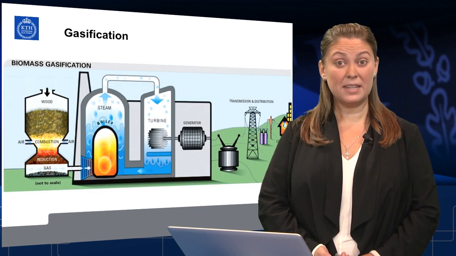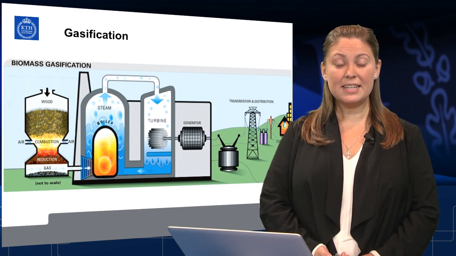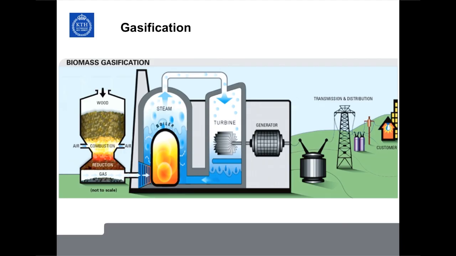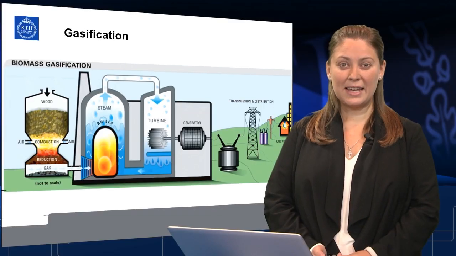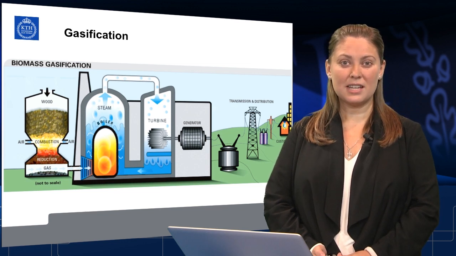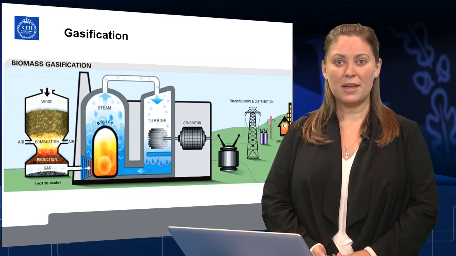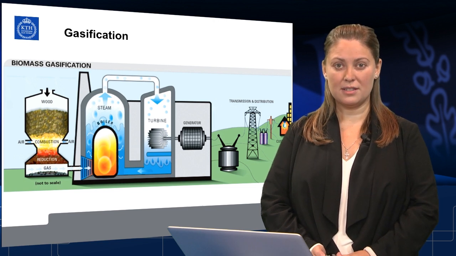And finally, gasification. Gasification is the most interesting process that converts solid fuels, in our case biomass, into gas, which is then used as fuel gas or chemical feedstock. Gasification technologies are commercially available, but there are some challenges to overcome to make the technology fully commercialized.